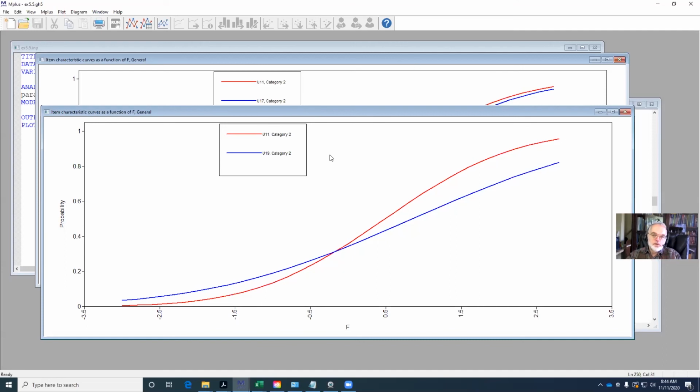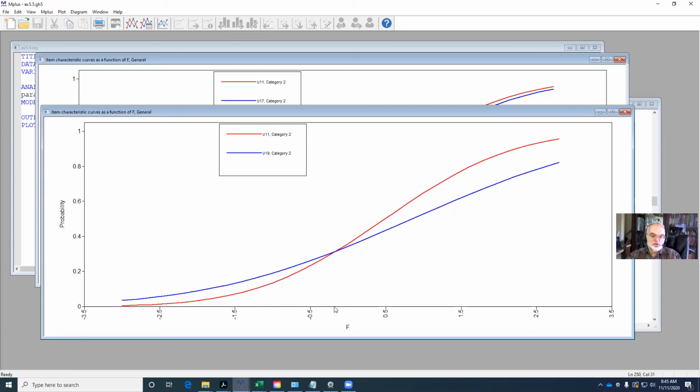Well, if the people are here in the middle that you're looking at, this item is a better question to ask than this item, because people below this are going to have a lower probability and a higher probability here. And in this one, the probabilities are closer to each other for people above and below this level. At exactly this point, it doesn't make any difference which item you give to people.